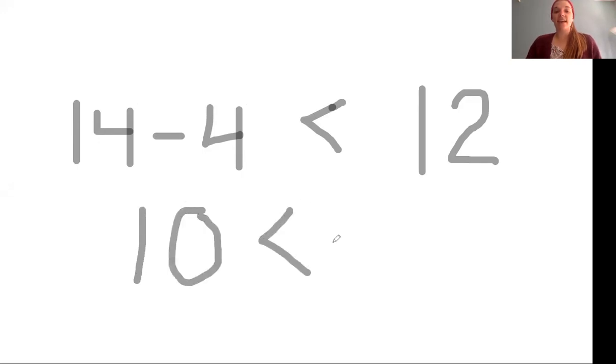So we know that 12 is 12. But we have to solve for 14 minus 4. So let's think. If I have 1 ten and 4 ones, and I need to take away 4, I'd be left with just 10. So this would be 10 is less than 12.